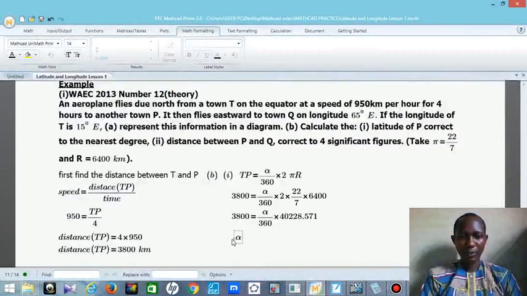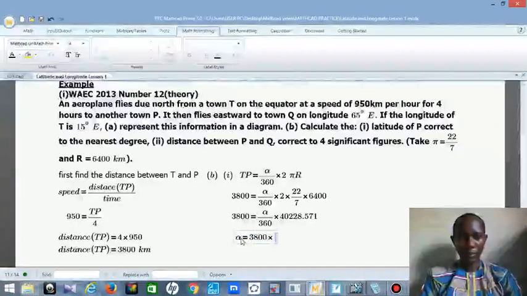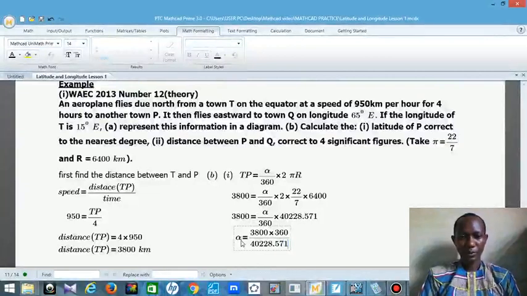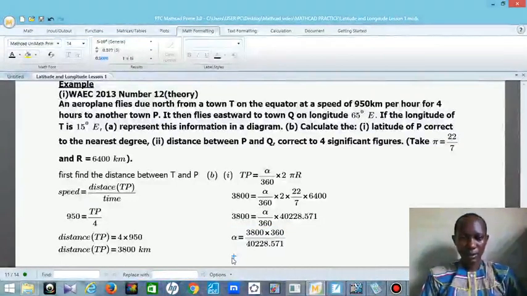Our final answer for alpha will be equal to 3,800 times 360, then divided by 40,228.571. So this will give us our angle.